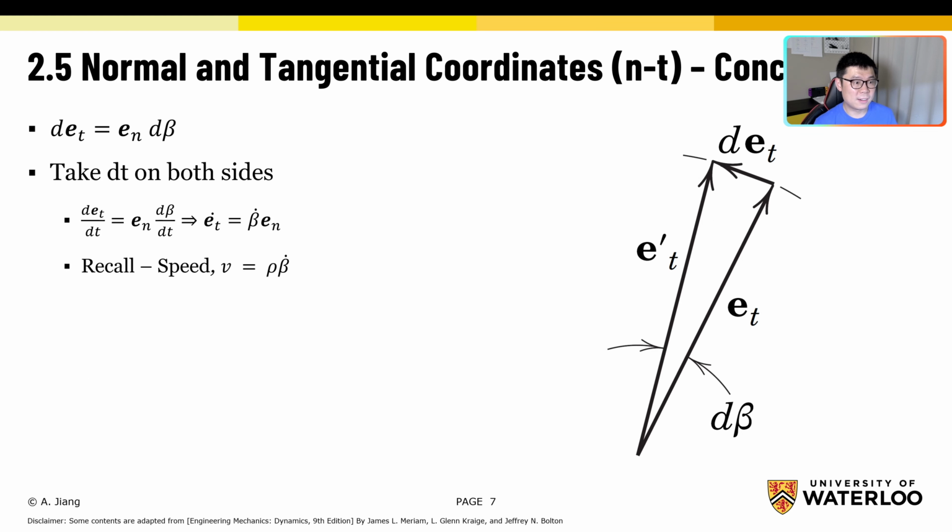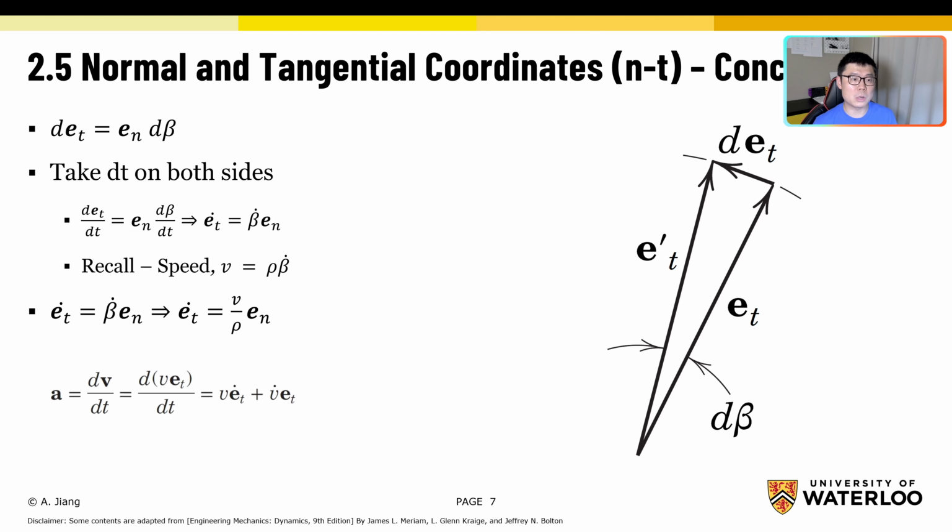Almost there. With this d et equals en d beta relationship, let's divide both sides by dt. From a few slides ago, we had the velocity v is ρ, the radius of curvature, times beta dot. So combining everything, we obtain the time derivative of et.